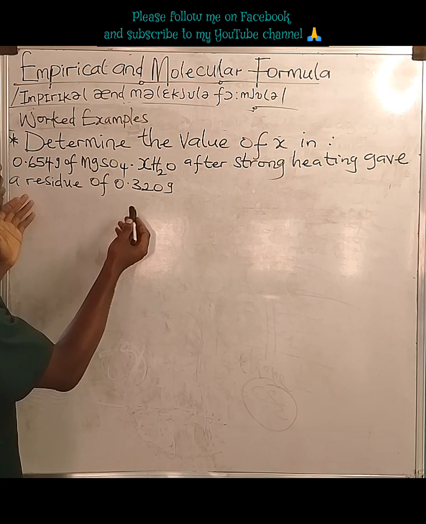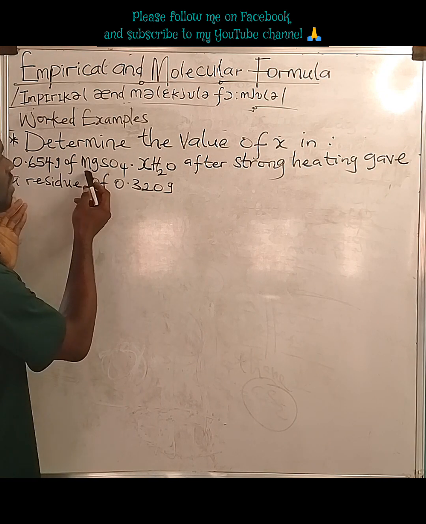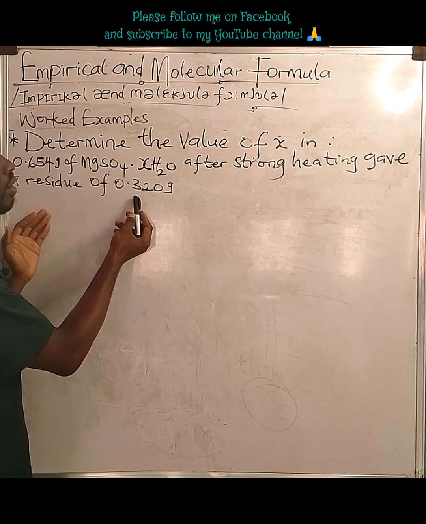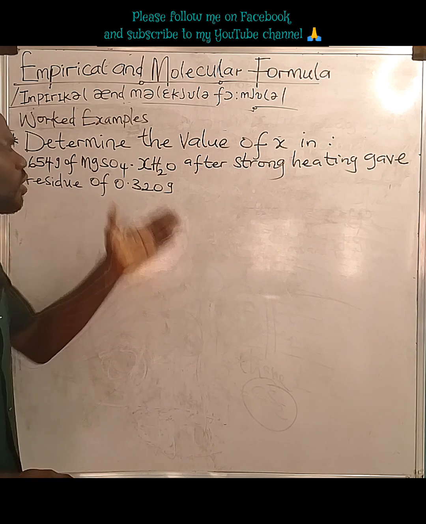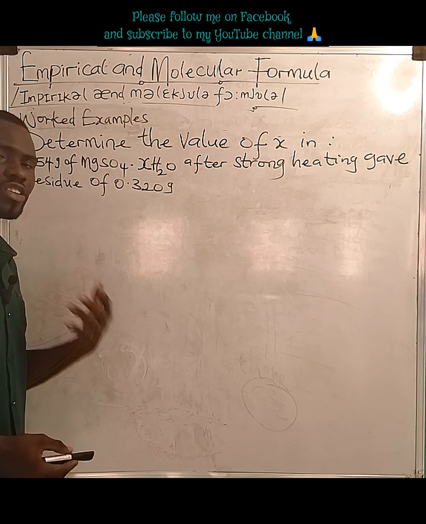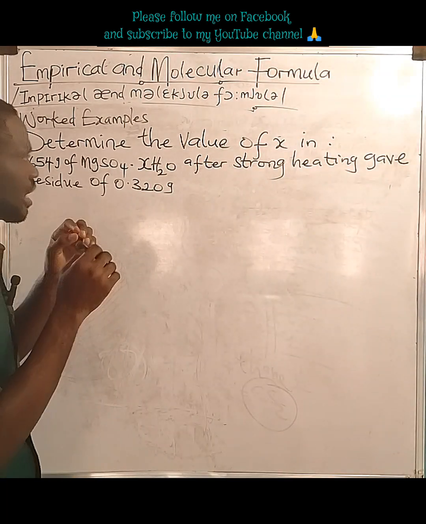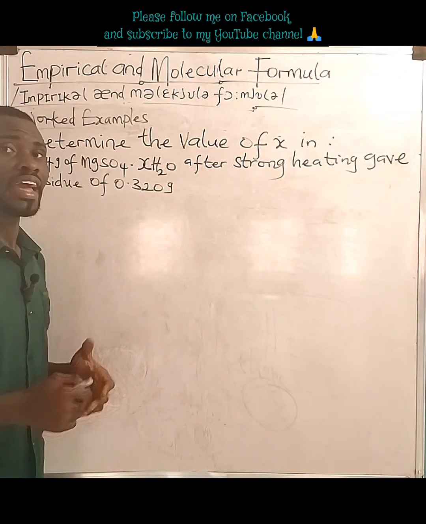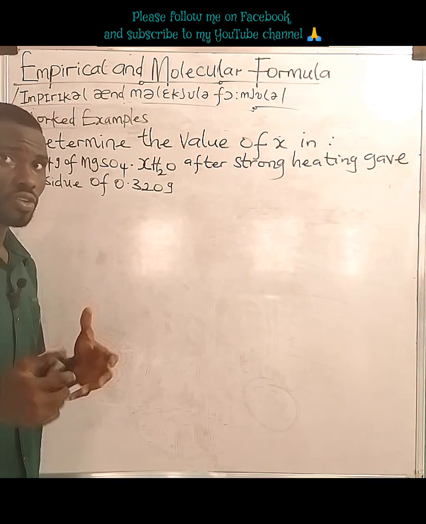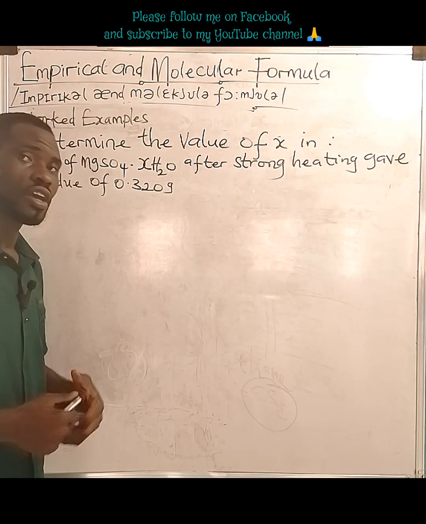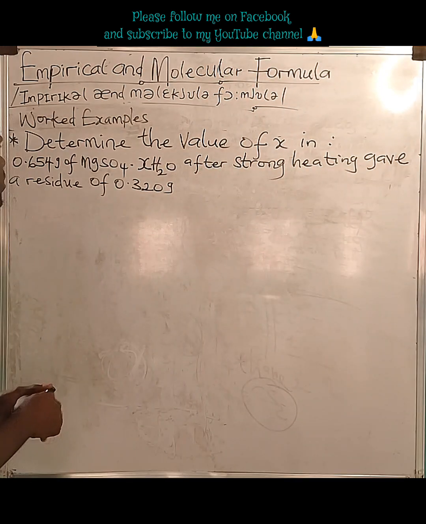So we were left with a residue that was just MgSO4 of 0.320 gram. So what is going to be the value of X in XH2O? What's going to be the amount of water of crystallization? That's what we're going to do. We're going to use the empirical formula approach first, then before we use another approach, which is going to be an alternative approach.